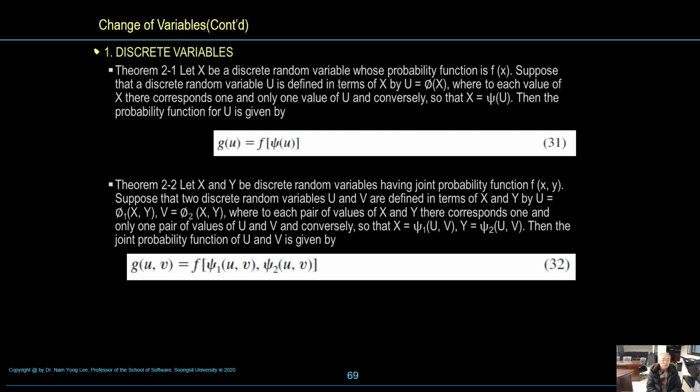Then the joint probability function of U and V is given by g(u,v) = f[ψ1(u,v), ψ2(u,v)], as in the 32 formula.